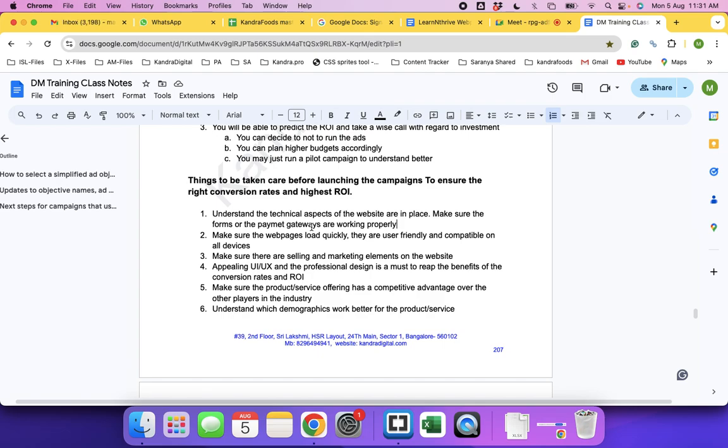Right? Make sure the product or service offering has competitive advantage over other players in the industry. Everybody is doing hair transplantation at 40,000 rupees and you cannot sell it at 3 lakhs now. And you have put the price as 3 lakhs on your website and you are shouting at the digital marketer that you are not getting any business. How will he get it when the whole world is selling it at 50,000 rupees and you are selling it at 5 lakh rupees?